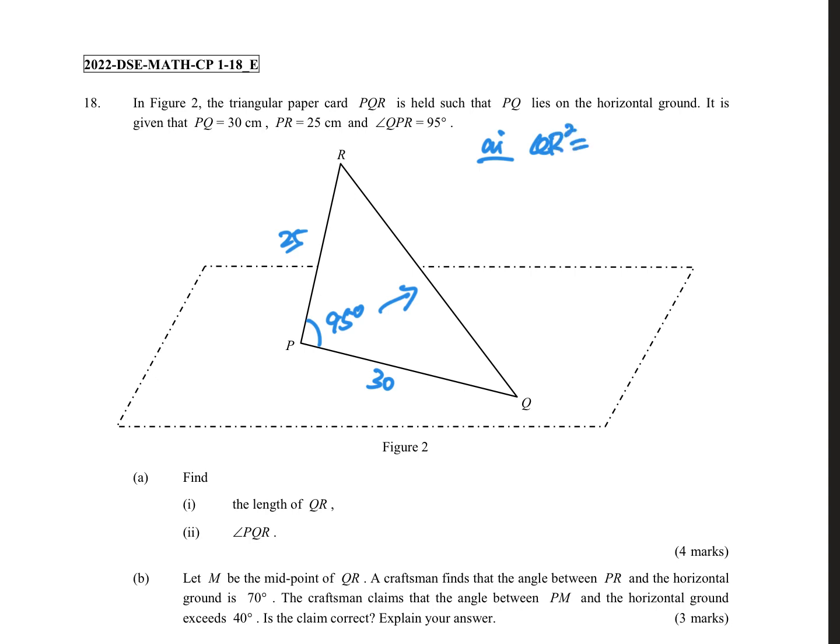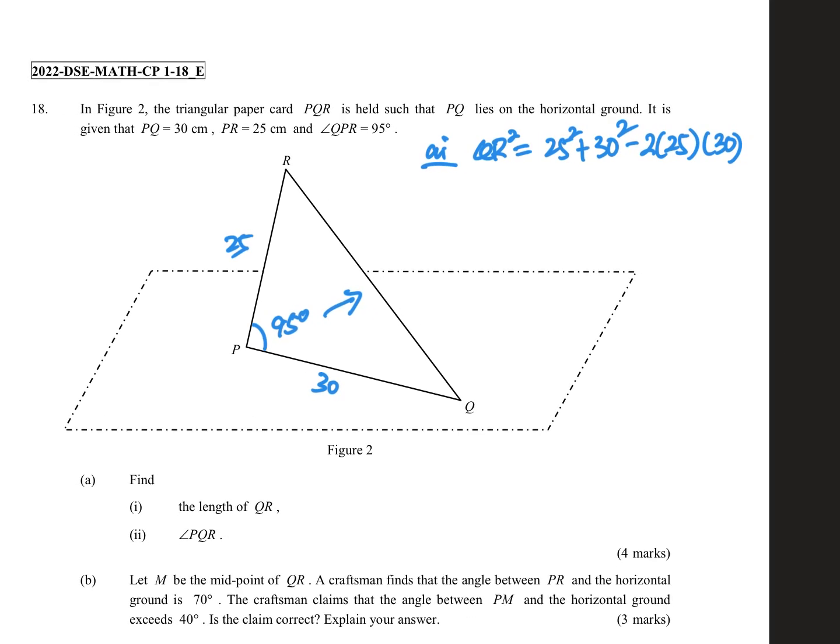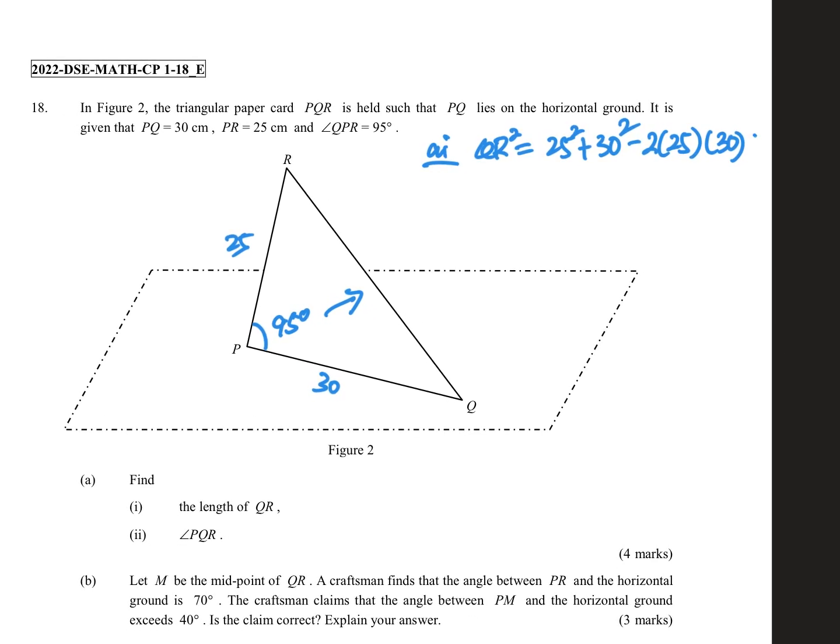QR squared equals 25 squared plus 30 squared minus 2 times 25 times 30 times cosine 95 degrees. So using the calculator, remember to take the square root, of course.